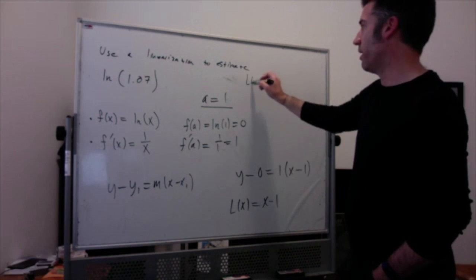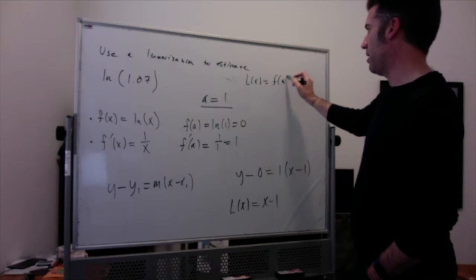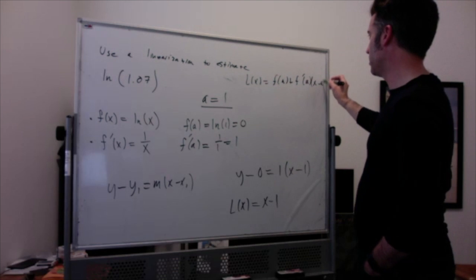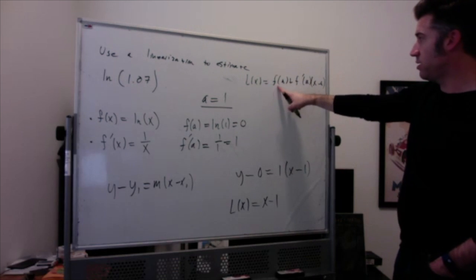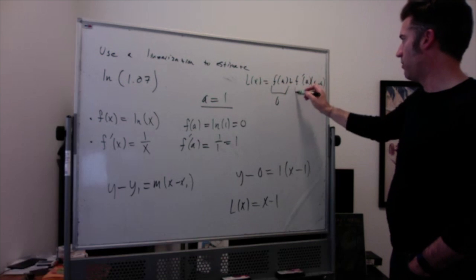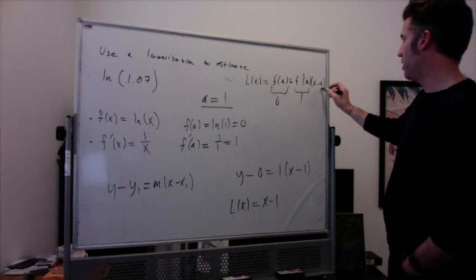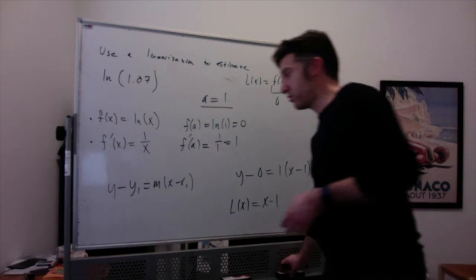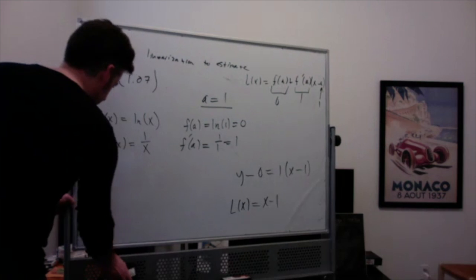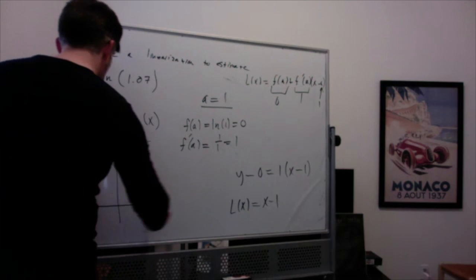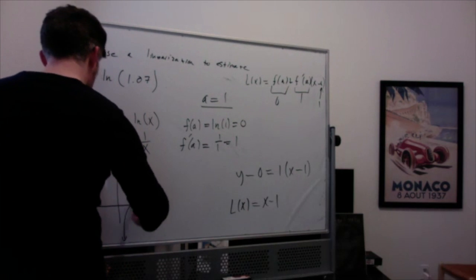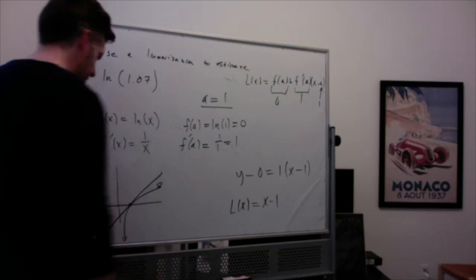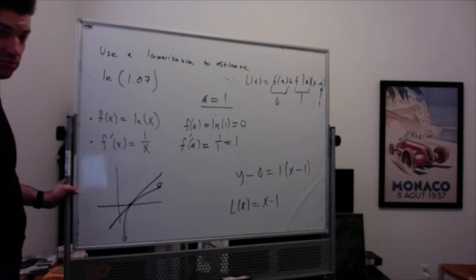You could also write it up that way. You could say, oh yeah, L of x is f of a plus f prime of a times x minus a. F of a is 0, f prime of a is 1, and a is also 1. Graphically, this does make sense. The natural log function looks like this, and the tangent line exactly is the line y equals x minus 1.